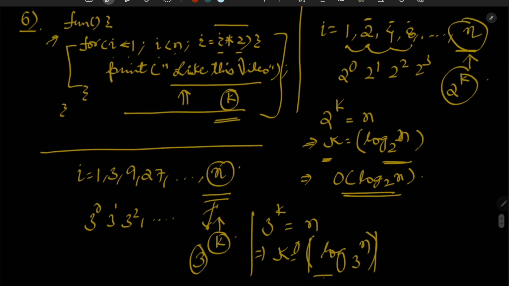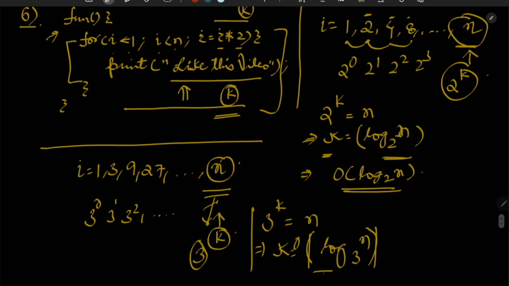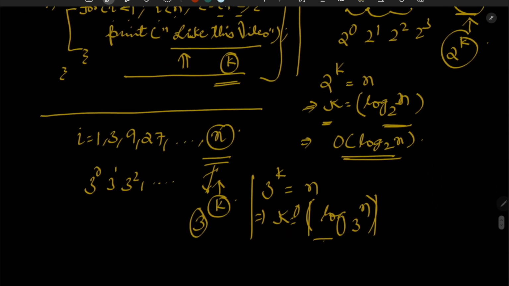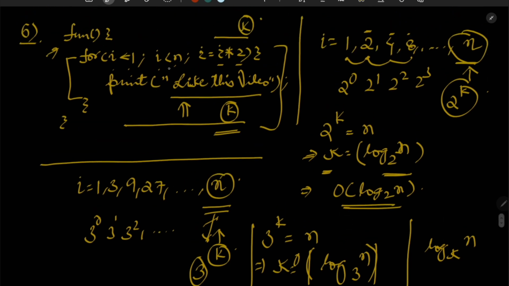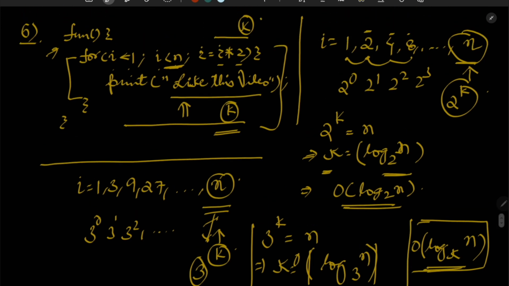So the pattern to note here is that when you have a loop like this and it's getting incremented in multiples of, let's say, value k, then your time complexity is going to be log to the base k value n, where n is the maximum number of items, or basically where n is the point I could reach. So this is your time complexity in a much generalized manner for this kind of loop condition.